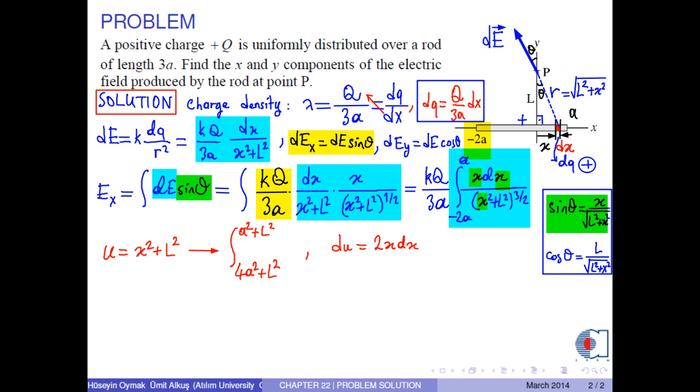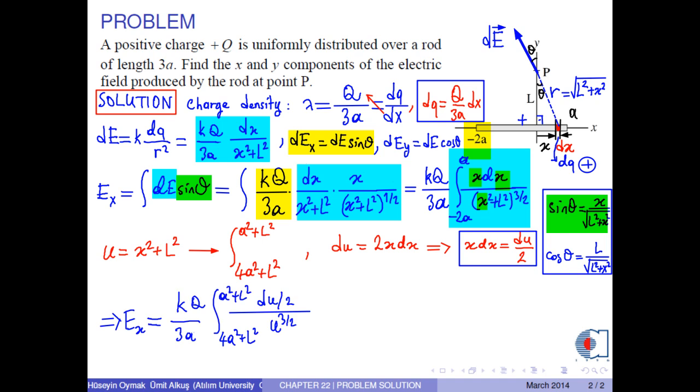In the integrand, we need x times dx, which is du over 2. With this new variable, we can write the x component of the electric field as k times Q over 3a times the integral with the limits 4a squared plus L squared and a squared plus L squared, and the integrand is du over 2 over u to the power 3 halves.